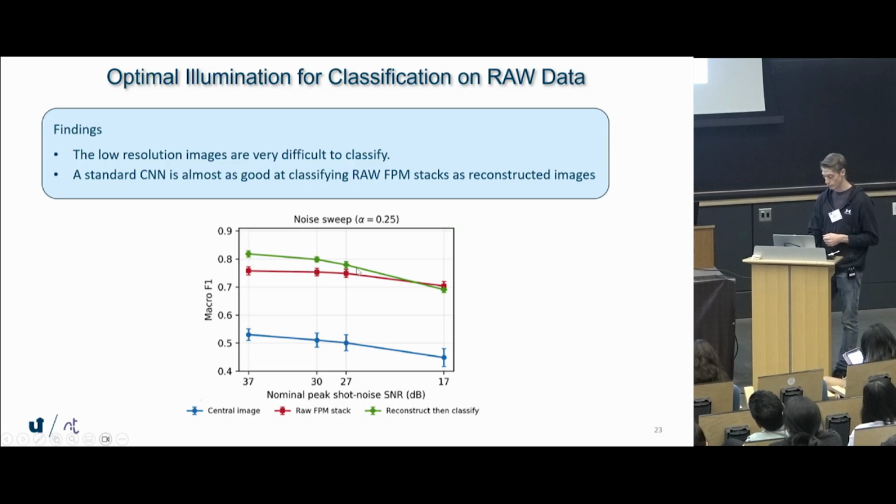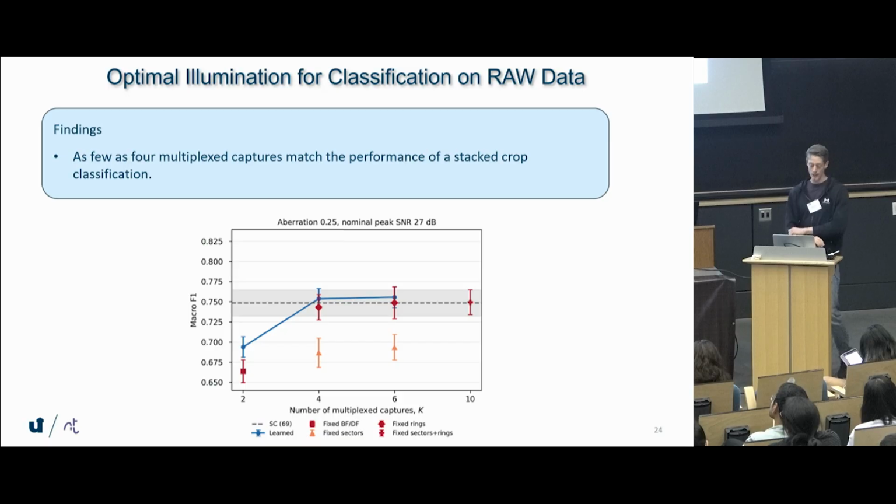Reconstructing is, for many systems, the best choice up until some noise level, where it's actually even better to feed the raw FPM stack measurements, so these many recordings, directly into the network, because it can implicitly do some denoising before the classification, basically.